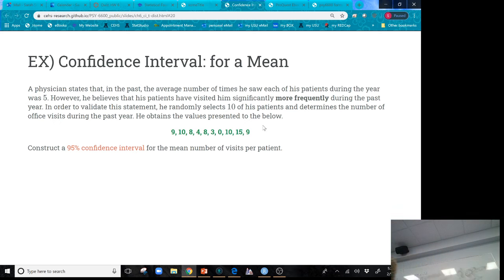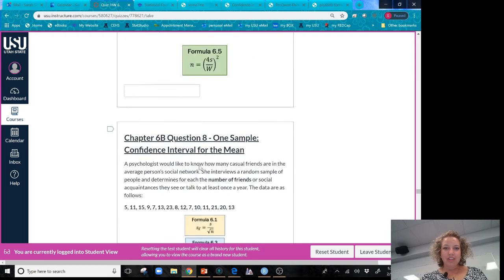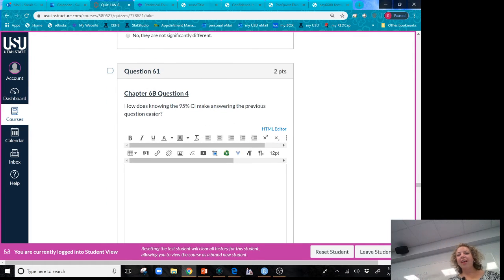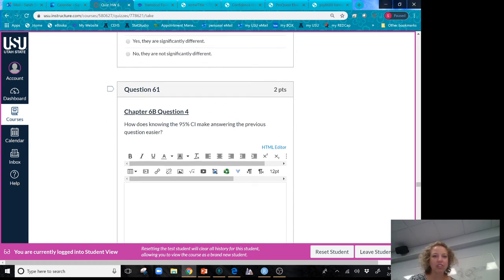Yeah. On 61, on that homework. Okay. Yeah, how does knowing the confidence interval make answering the p-value significance level question easier? So this applies to which question?